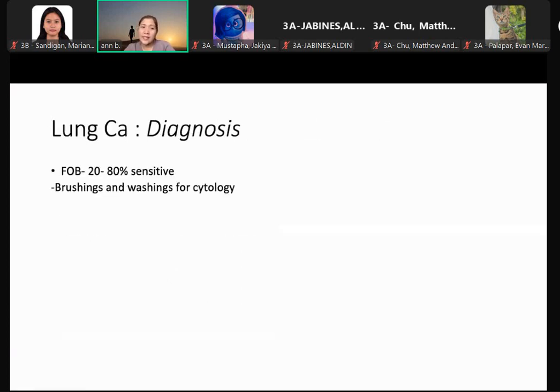So for diagnosis, again, as I say, fiber optic bronchoscopy. There are 3 ways that we can get a diagnosis for this kind of patient: fiber optic bronchoscopy, video assisted thoracic surgery, and CT guided transthoracic biopsy.